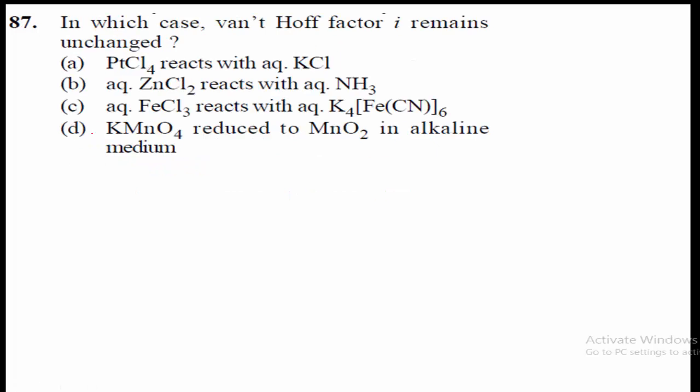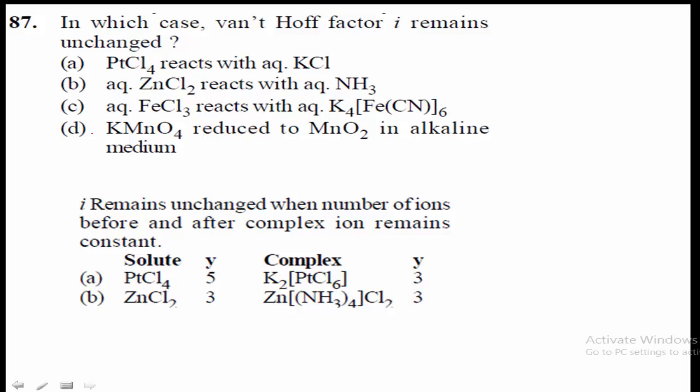87th, in which case Van't Hoff factor i remains unchanged. So we will see in option A, PtCl4 is the solute and i value is 5. And in case of ZnCl2, the value of i, that is Van't Hoff factor, is 3.